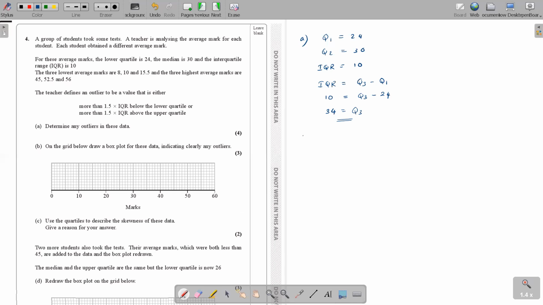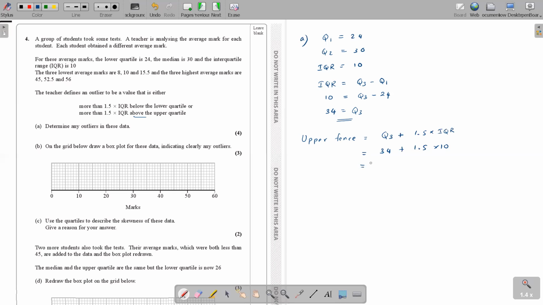So let's get the upper fence and the lower fence. We are just finding the fence value that, if you exceed it, it becomes an outlier. The upper fence is above the upper quartile, so it is Q3 plus 1.5 times IQR. An outlier is more than 1.5 IQR above the upper quartile. So Q3 is 34 plus 1.5 times IQR, which is 10. Can I have the value here?